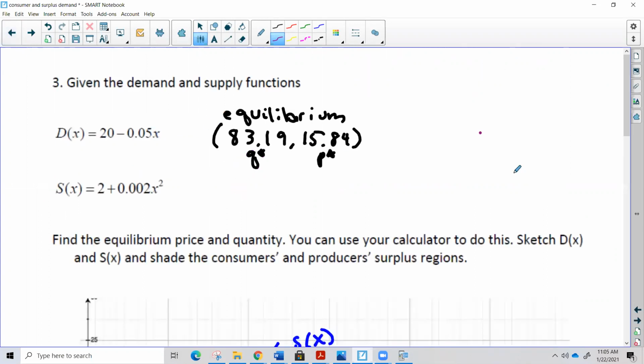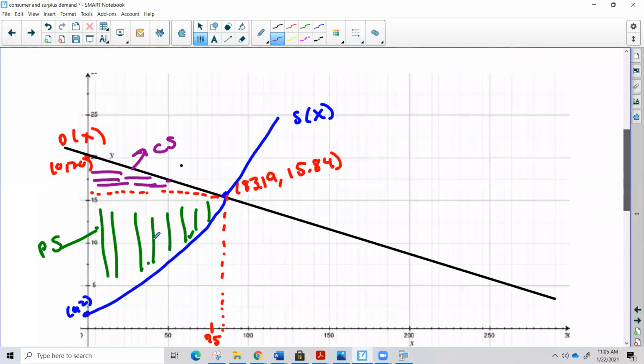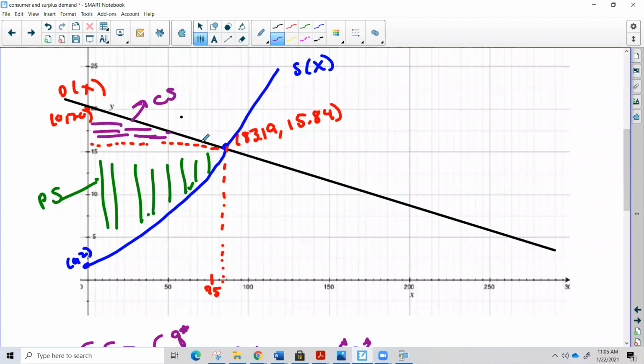Just as a reminder, the producer surplus is this region here. So the outside region is the rectangle, and then this one here, the bottom curve that we're subtracting, is our S of X, our supply curve.